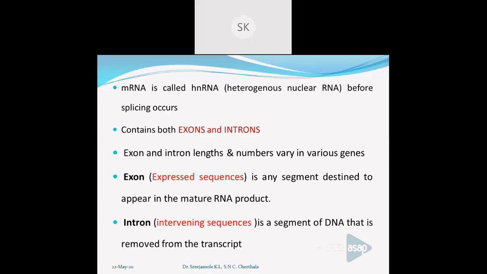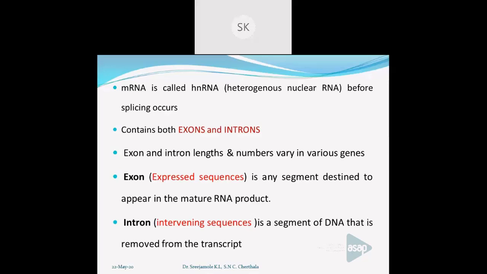These sequences are destined to be removed from the pre-mRNA. So the removal of these introns, the intervening sequences, from the pre-mRNA is actually what happens during RNA splicing.